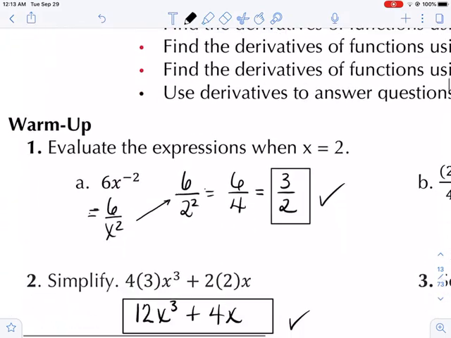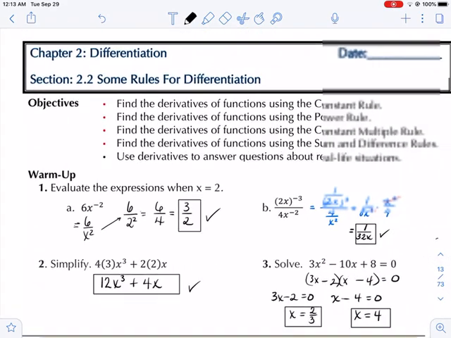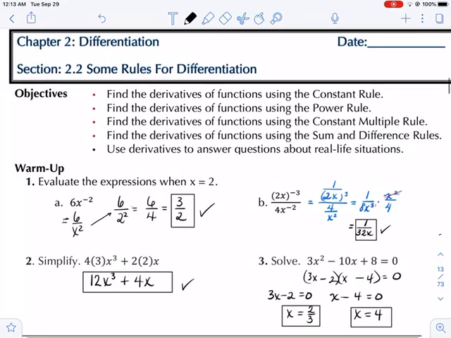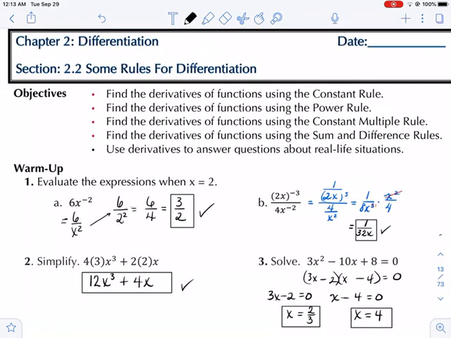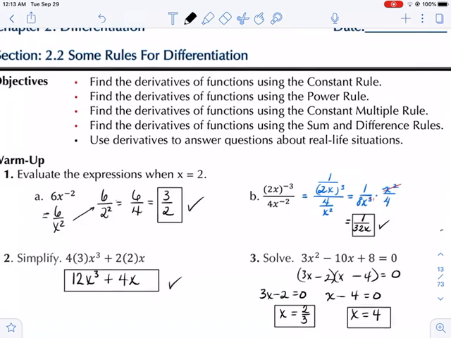Okay, so here are the solutions for the warm-up. You can check over those. When you evaluate, when x is equal to 2, we get 3/2 for the first one.